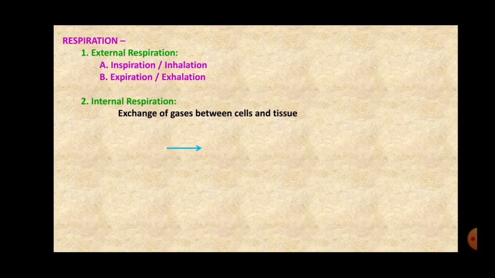Now let's move on to the most important third step of respiration, that is called cellular respiration. As the name itself explains, cellular means inside the cell. So this cellular respiration takes place inside the cells. Now the nutrients which are there in the body are burned in presence of oxygen.